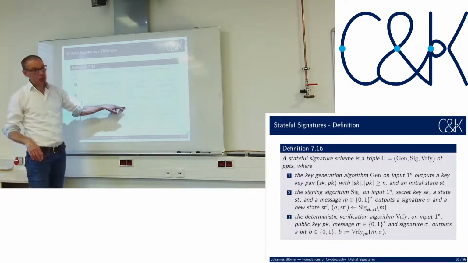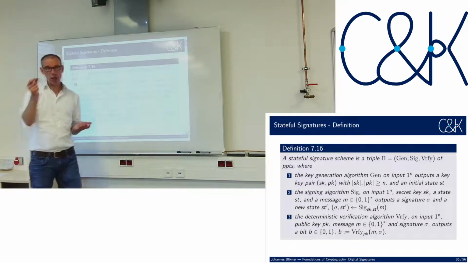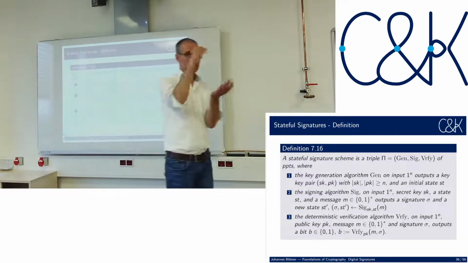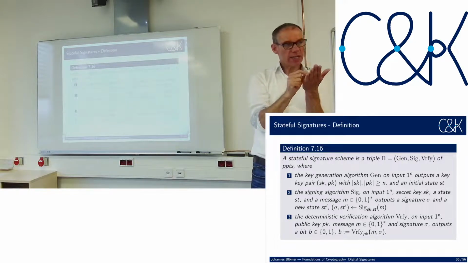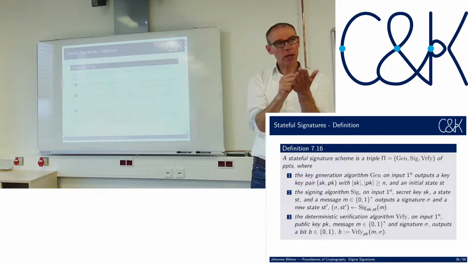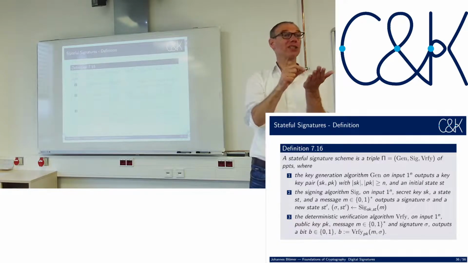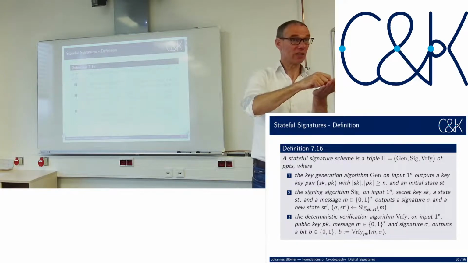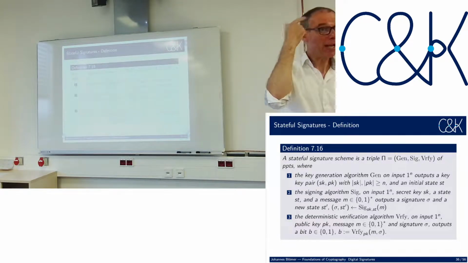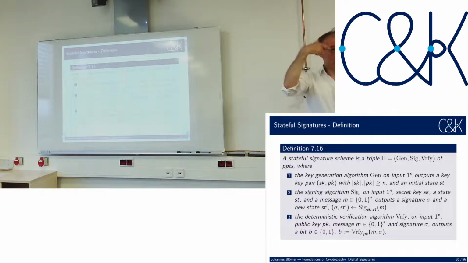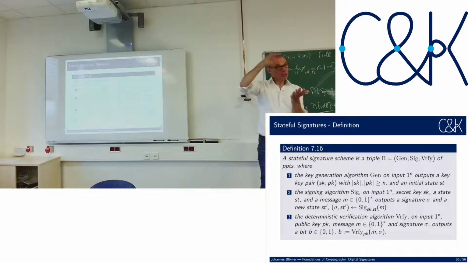So the signature on a message now depends also on the state, which implies that the signature may depend on all previous signatures that I constructed as a signer. So I keep in mind how I generated my previous signatures. And then the new signature depends on how I created my original signature.